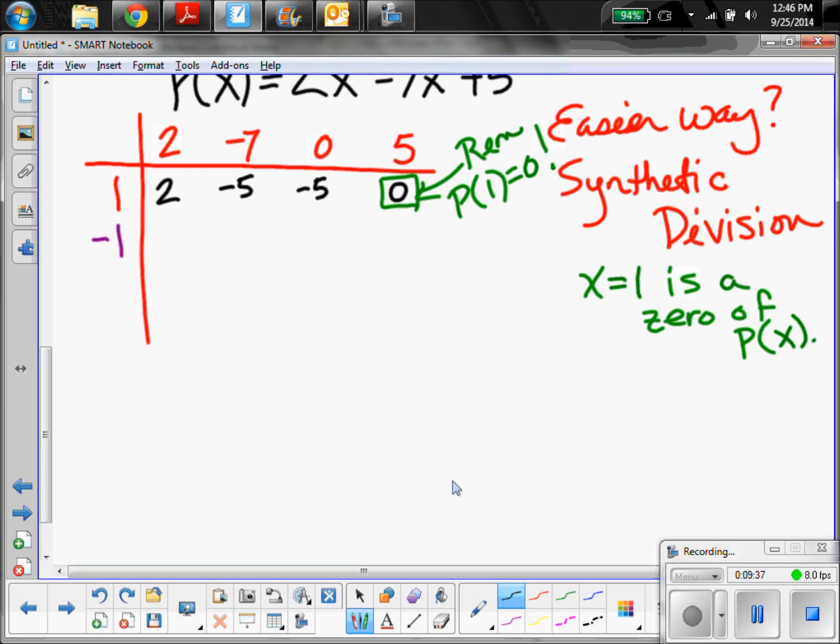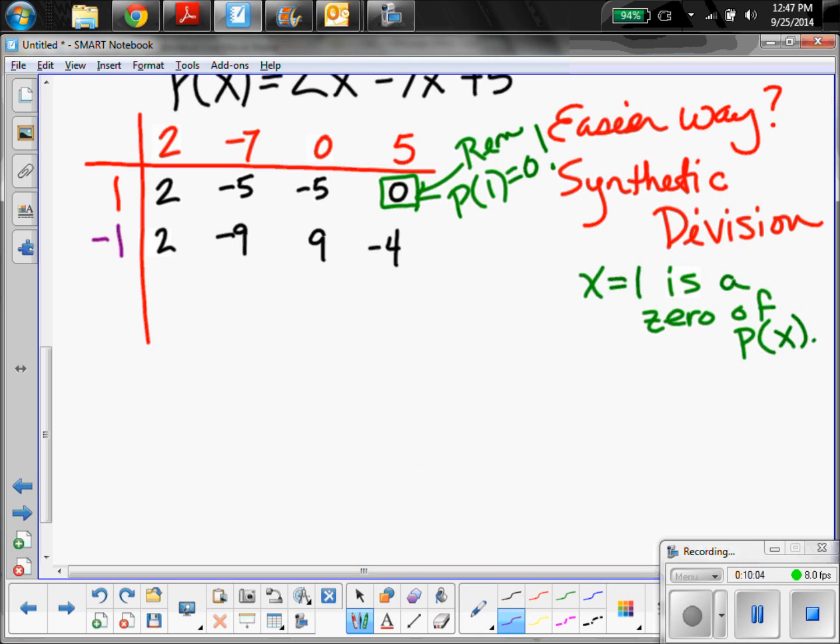Again, I'm going to bring down the 2. 2 times -1 is -2, plus -7 is -9. -9 times -1 is 9. 9 plus 0 is 9. 9 times -1 is -9. Plus 5 is -4.